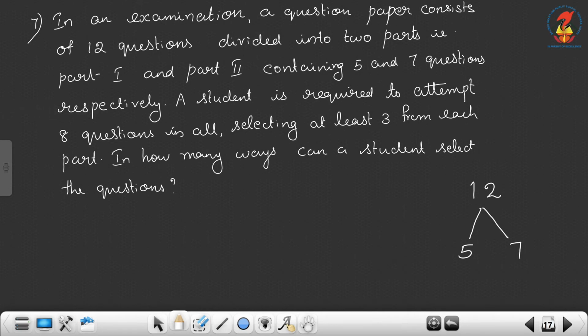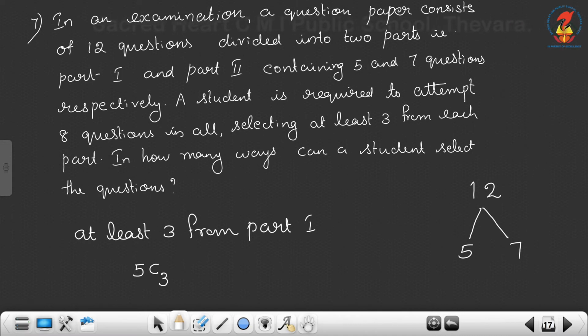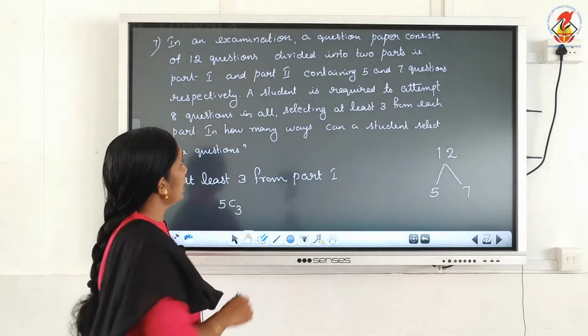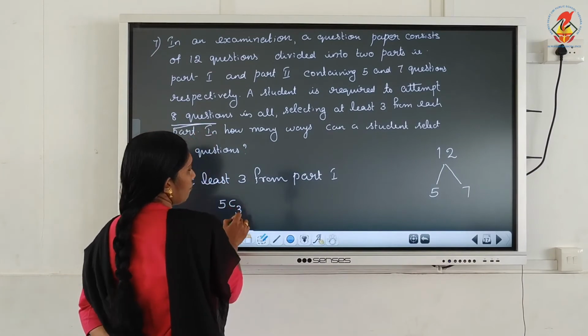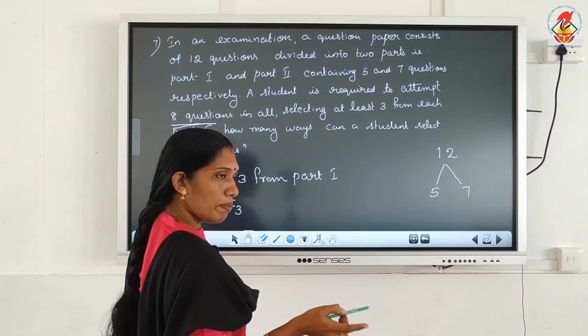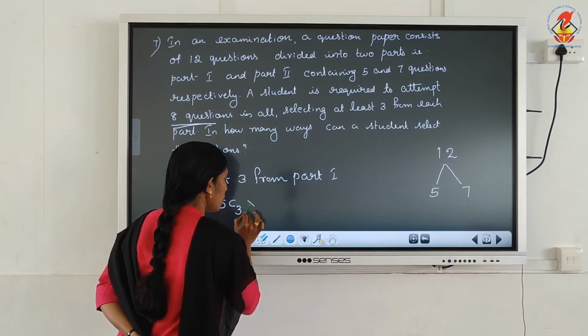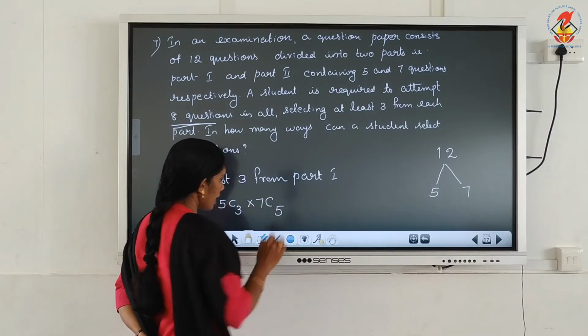At least 3 from part 1: from 5 questions the student has to select 3. When 3 questions are from part 1, how many from part 2? Total 8 questions, so 3 from part 1 means 5 from part 2. So this into 7C5. Is it correct?